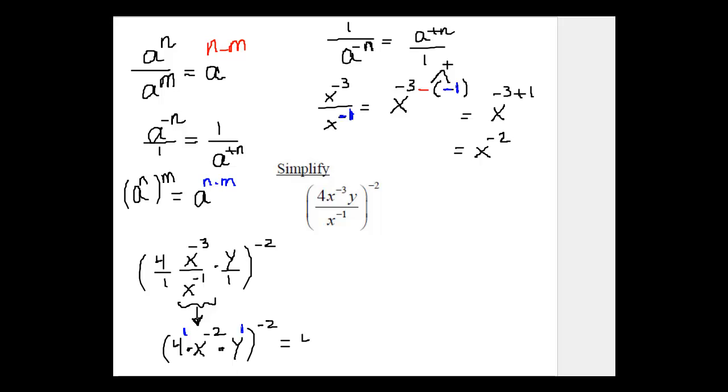So that would be 4 to the power of -2 times 1, which is -2. And then here we have x to the power of -2 times -2, that would be a +4. And then finally we have y to the power of -2 times 1. That gives me -2.